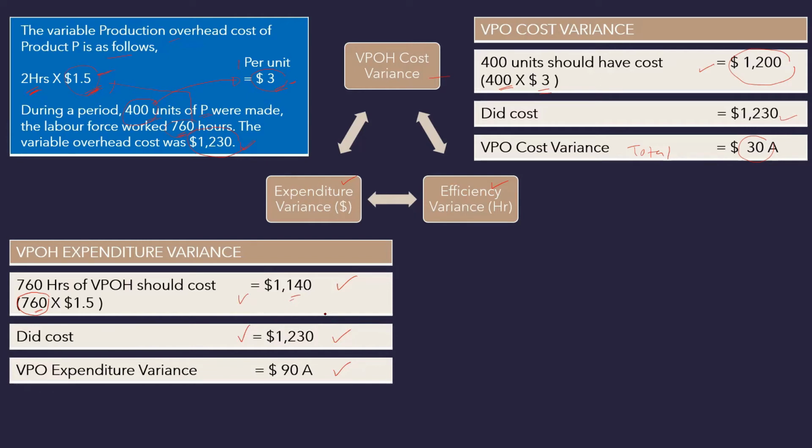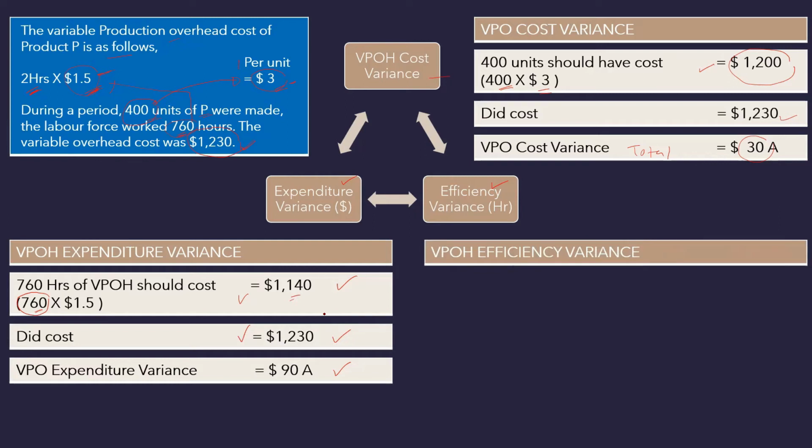So the other one is the efficiency variance. Here basically we have to compare the standard hours taken with actual hours taken. So standard hours, we should have taken 2 hours per unit to produce 400 units.